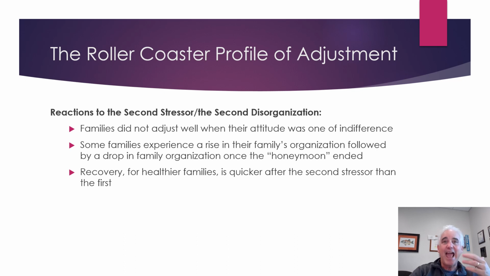When the families had an attitude of indifference, "I don't care," they had a tougher time adjusting to the stress. Some families actually became more organized, but then once the honeymoon of the reorganization was over, the family dropped in organization. And then recovery for healthier families was quicker after the second stressor than after the first.